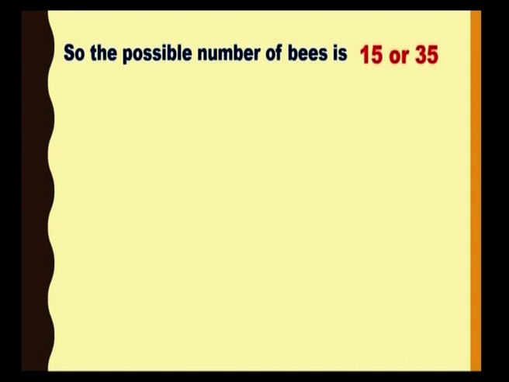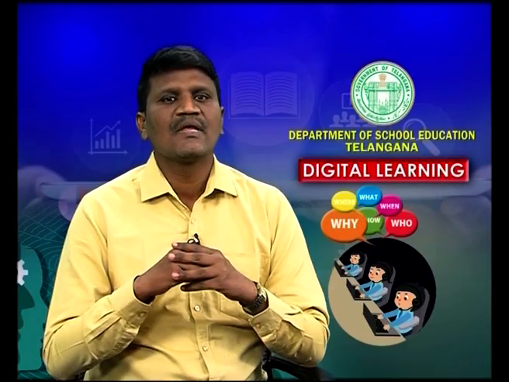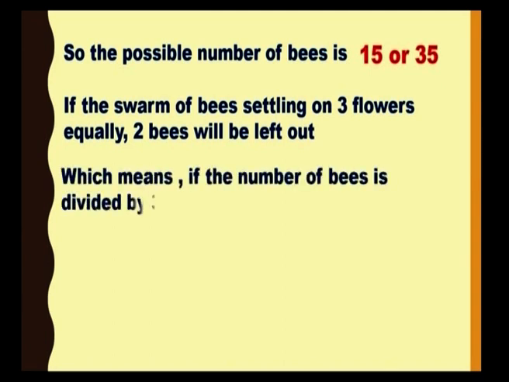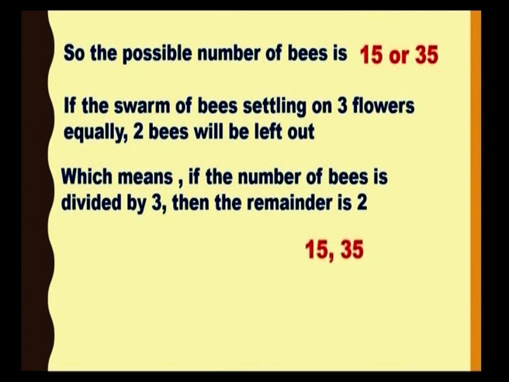To find the correct answer, let us see the next hint. If the swarm of bees settles on three flowers equally, two bees will be left out, which means when the number of bees is divided by 3, the remainder is 2. We have the numbers 15 and 35. 15 divided by 3 gives remainder 0, and 35 divided by 3 gives remainder 2.